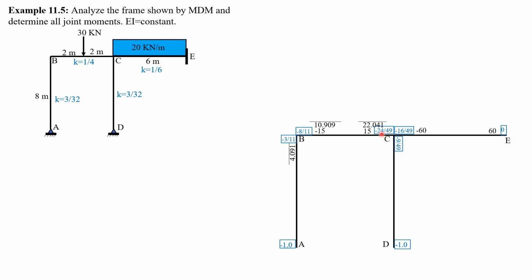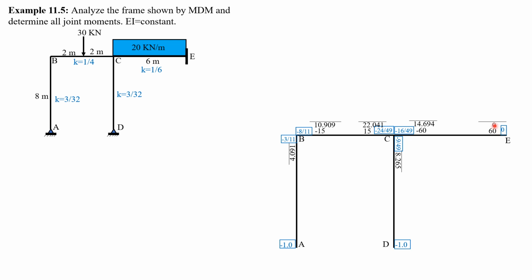Then replace 24 by 16. Put the value here. You have 14.694, lock partially. Then replace 16 by 9. Then put the value here, 8.265, lock partially. Then of course 60 times 0 is 0, lock partially.